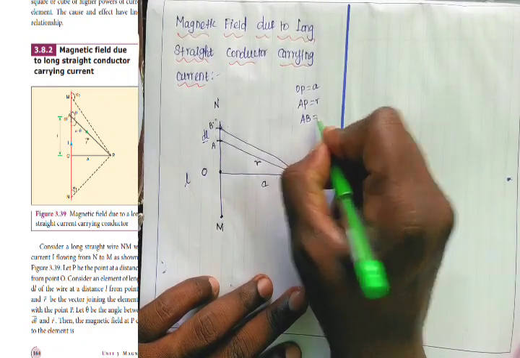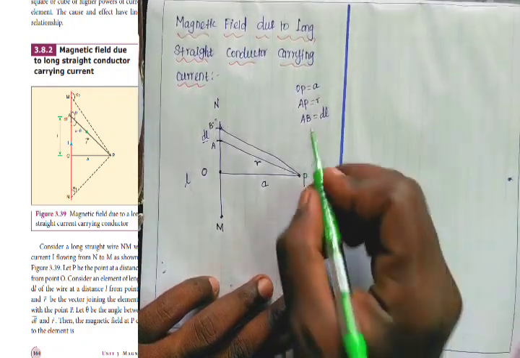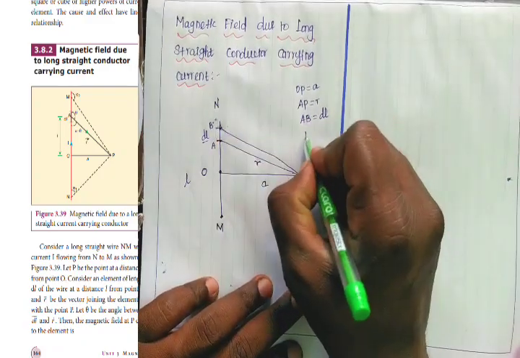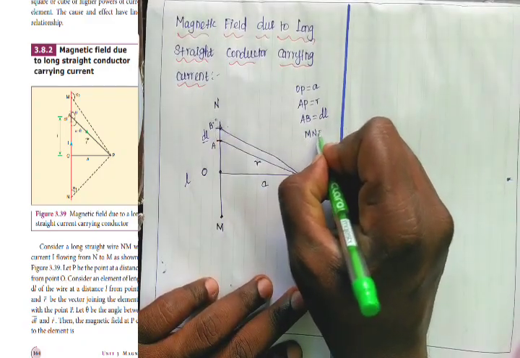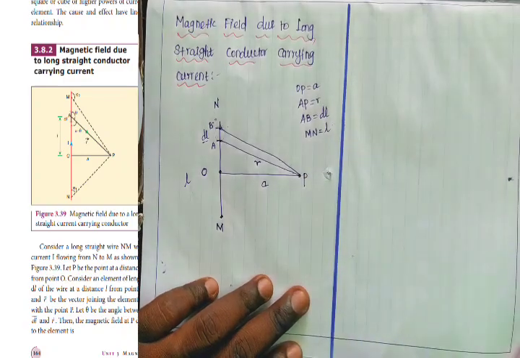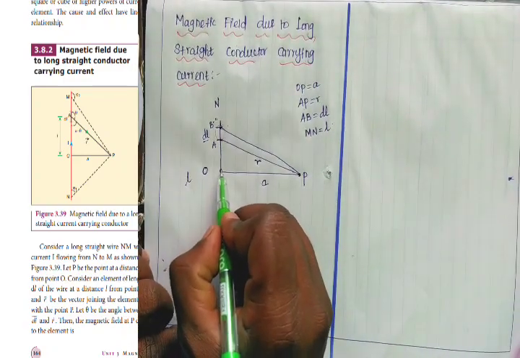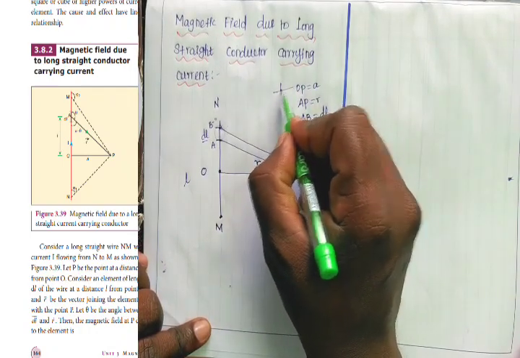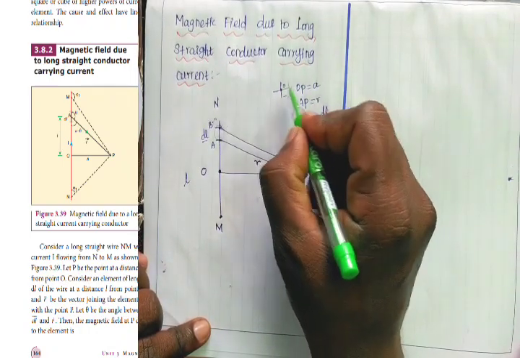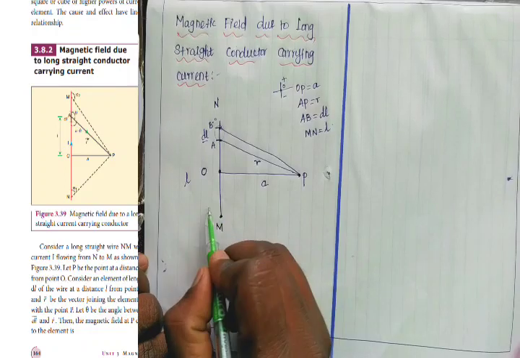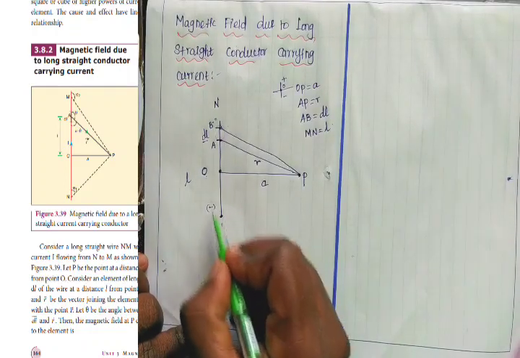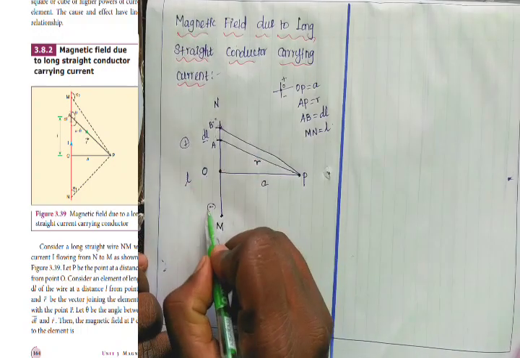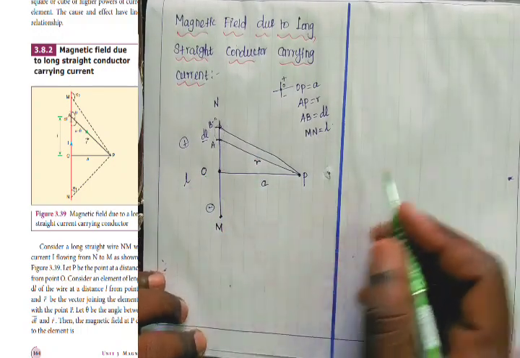AB is equal to dl, the considered element length. Total length MN is equal to L. This is the center, measured from the axis, the center point O. This side is minus, this one is plus, that means O to M is minus, O to N is plus. We use this minus and plus later.